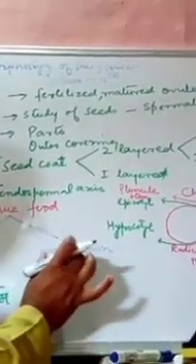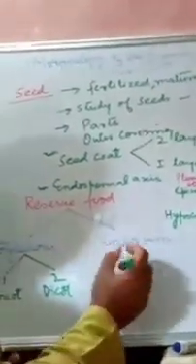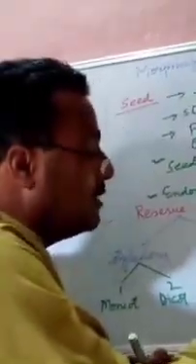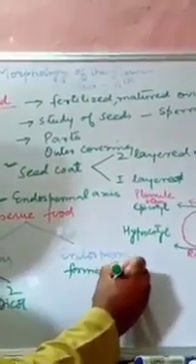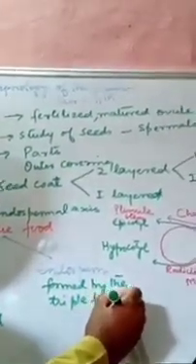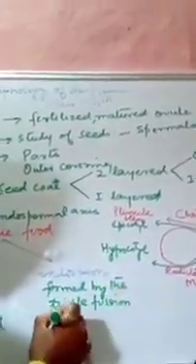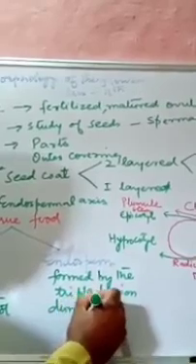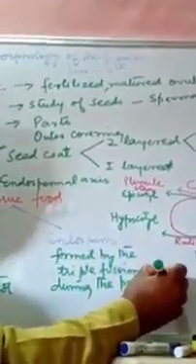When there are two, it is called dicot. Or it is the endosperm. What is this endosperm? Endosperm is the structure which is formed by triple fusion during the process of double fertilization.